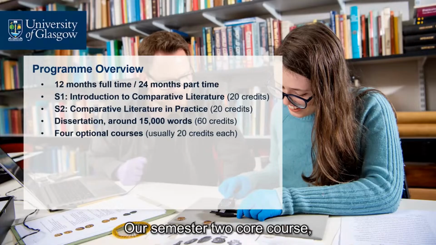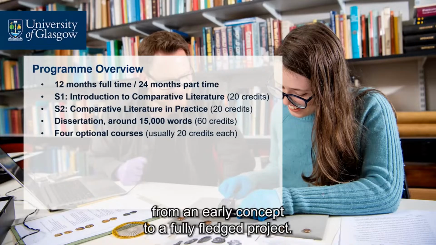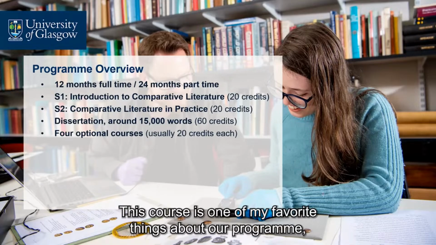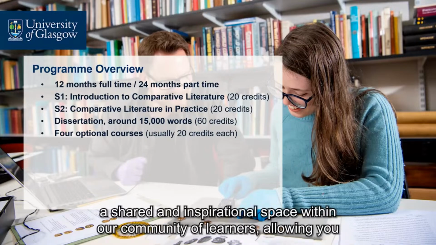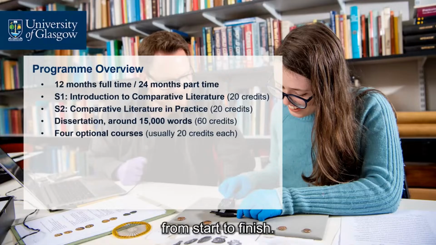Our Semester 2 core course, Comparative Literature in Practice, is designed to help you develop your independent research idea from an early concept to a fully fledged project. This course is one of my favorite things about our program, as it creates a shared and inspirational space within our community of learners, allowing you to see all the other projects in the course as they evolve from start to finish.